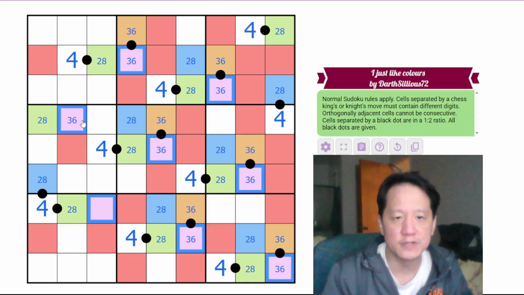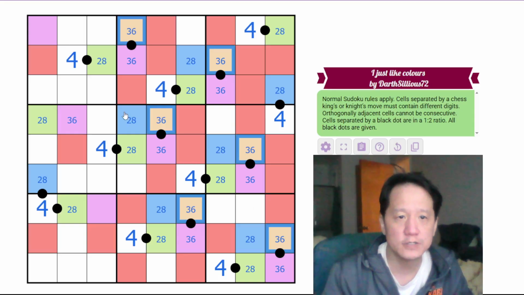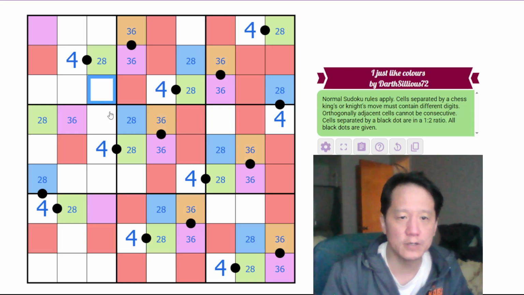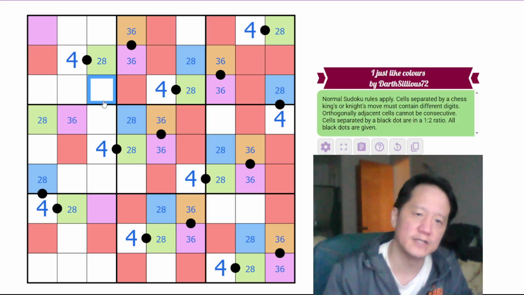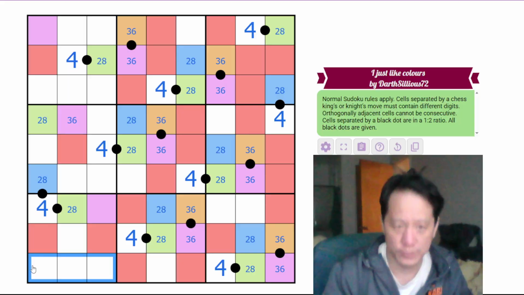That leaves the last pink remaining. We have 8 pinks, so this has to be pink here. Orange cannot be here, we cannot be here because of knight's move, but it could be either of these two. Could be any of those 3.